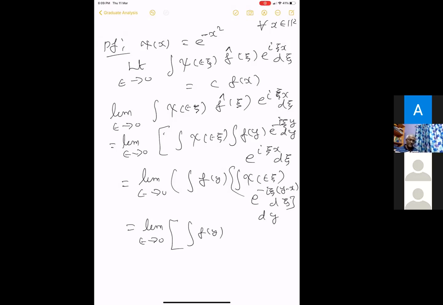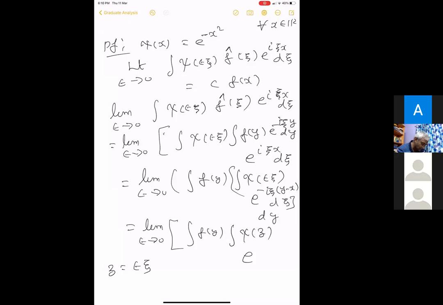Now I want to make a substitution. So epsilon xi equal to some z. So xi is z by epsilon.